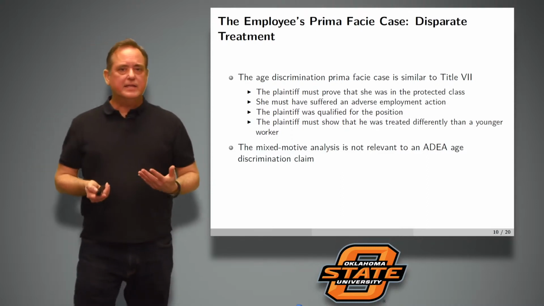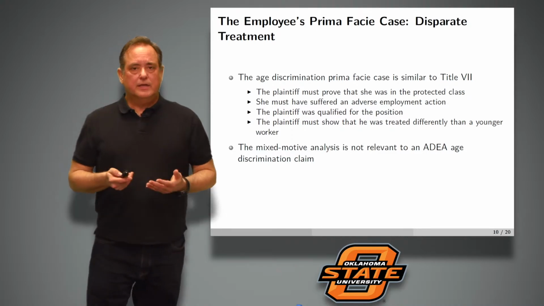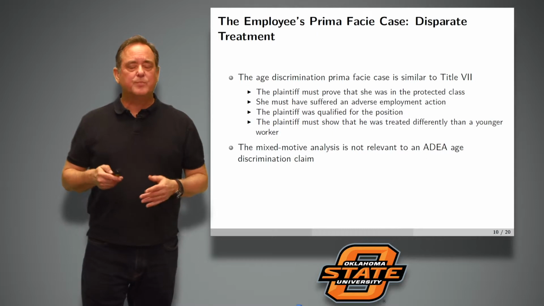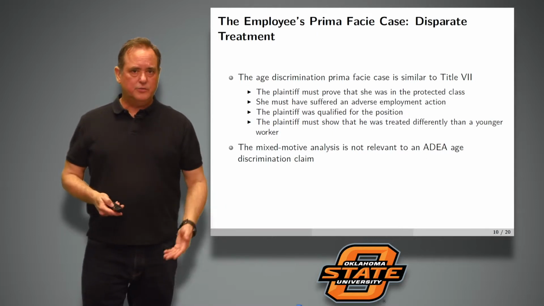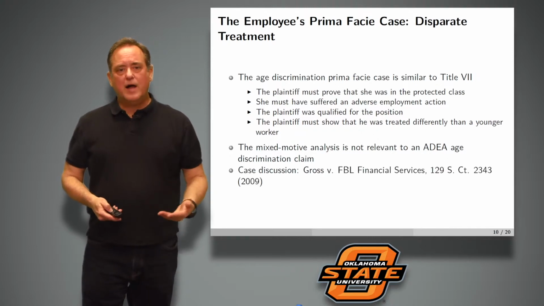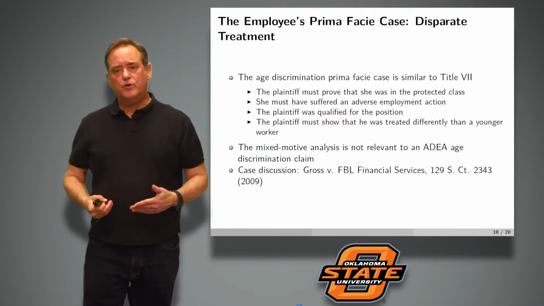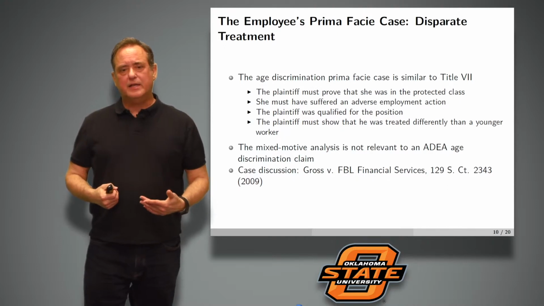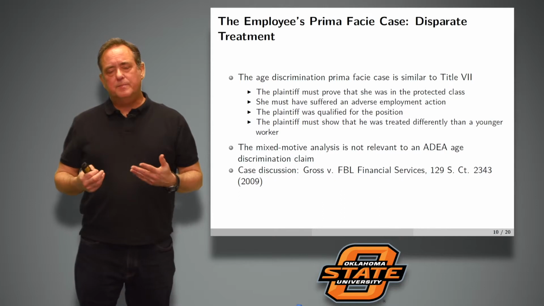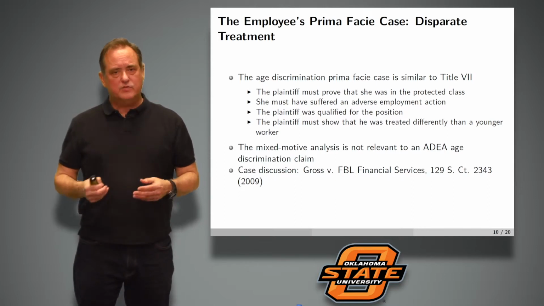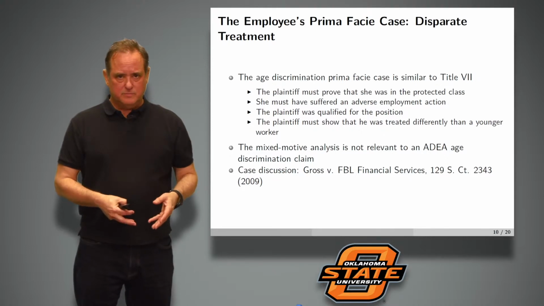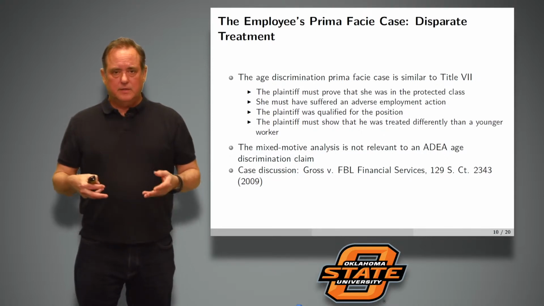Under the ADEA, you can consider age as long as it's not the predominant reason you took the action that you took. And this is why it's so difficult to prove an ADEA claim. Now, most courts had treated mixed motive under the ADEA similar to the rules of Title VII.